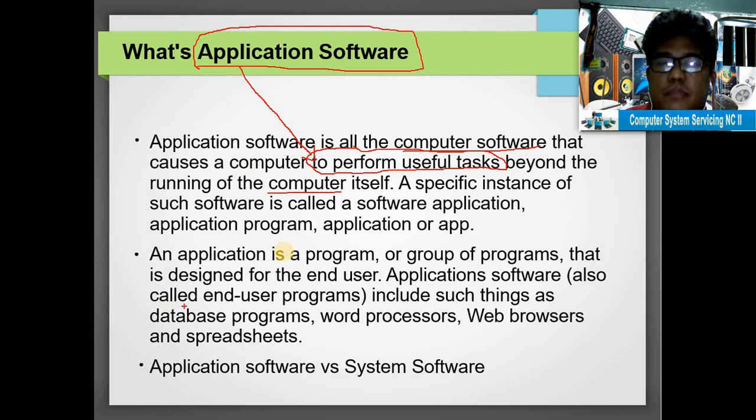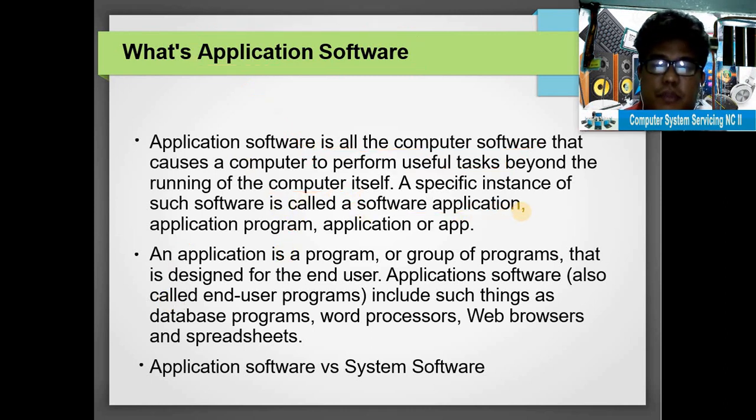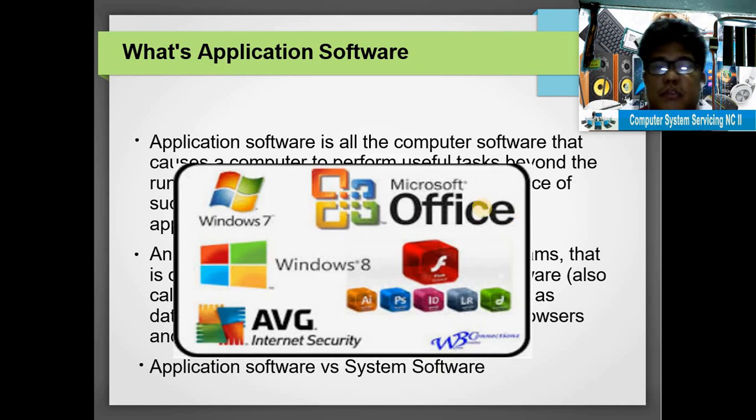Example ng computer application software. Una, we have software application. And so software application like Windows 7, Windows 8. Nowadays we have Windows 10, which are operating system.